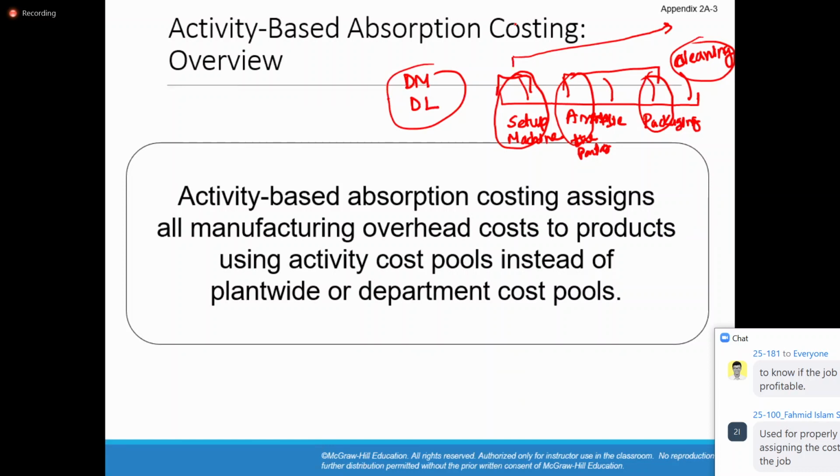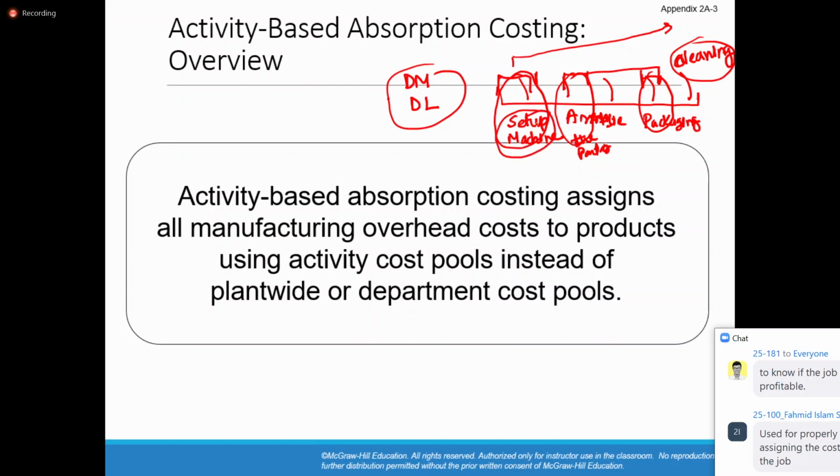Let's try to define it. What is the idea of activity-based absorption costing? It assigns all manufacturing overhead cost, but it applies the manufacturing overhead cost based on the cost pool.